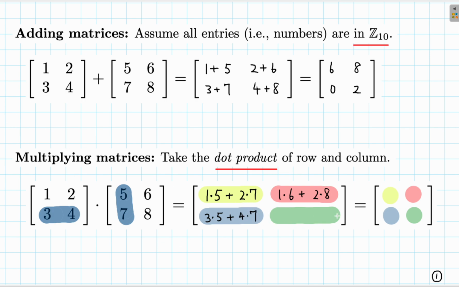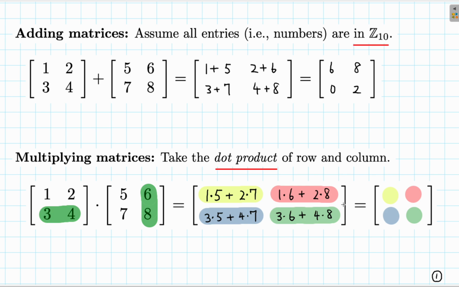And last but not least, now we're talking second row, second column. So let's go to our original 2 matrices. And we have second row, second column, taking the dot product. That would be 3 times 6 plus 4 times 8.